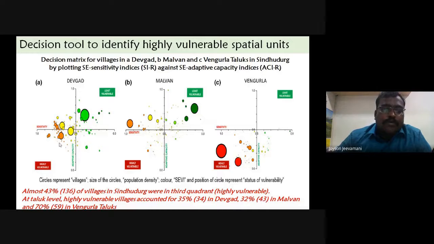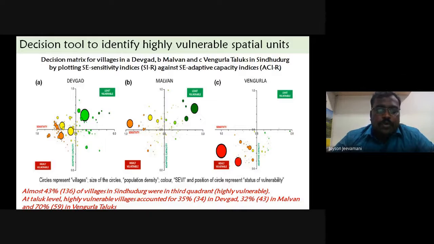Whereas this quadrant will have highly vulnerable villages, because here sensitivity is from 0.5 to 1, the higher side, whereas adaptive capacity is on the lower side, 0 to 0.5. The villages which come here can be designated as highly socially vulnerable villages. So this decision matrix tool will tell more detail about the socioeconomic vulnerability.